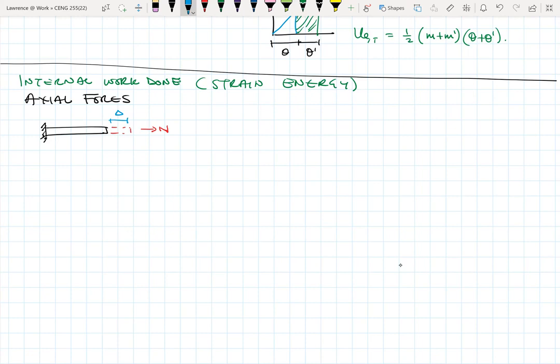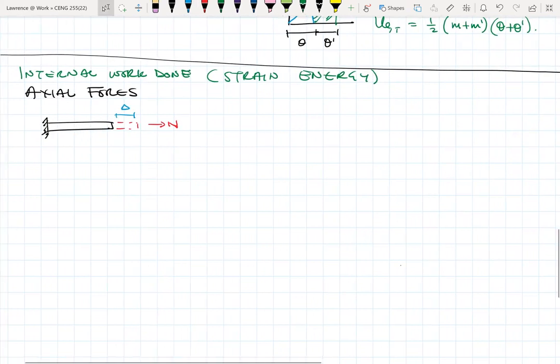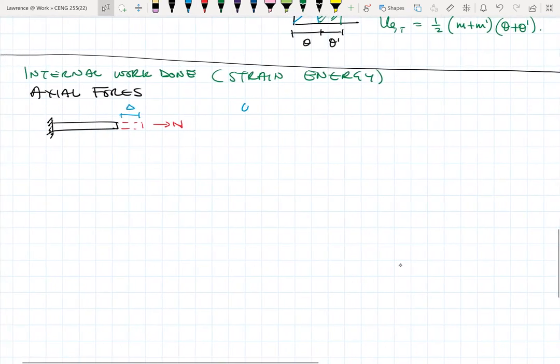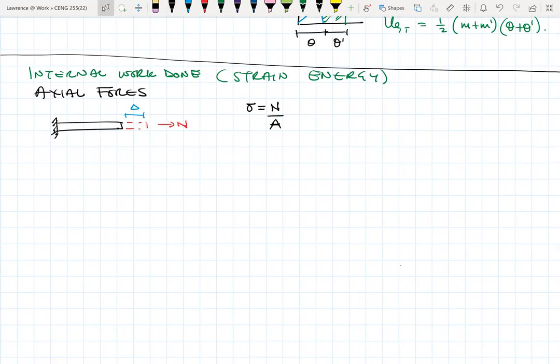The internal behavior is to look at the stresses and strains in the bar. We've learned that the axial stress sigma is equal to the axial force divided by the cross-sectional area, and we also know that the Young's modulus E is equal to the axial stress over the axial strain.